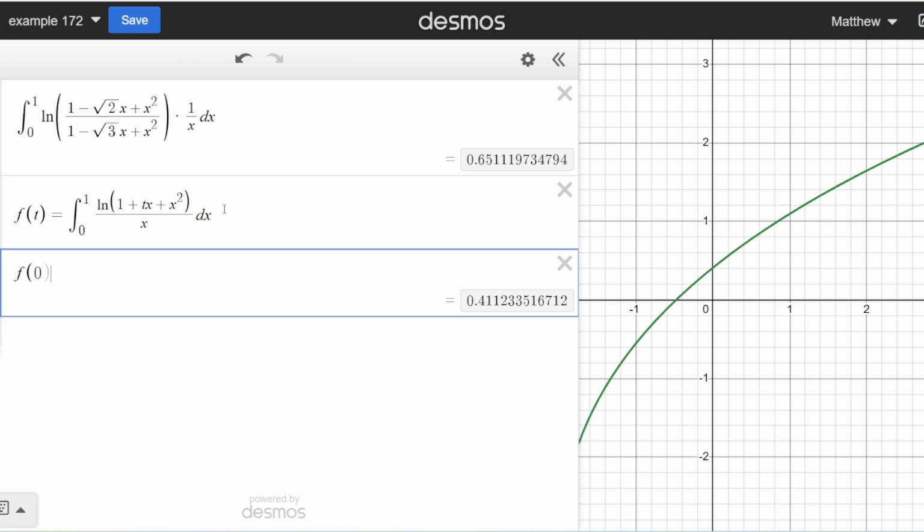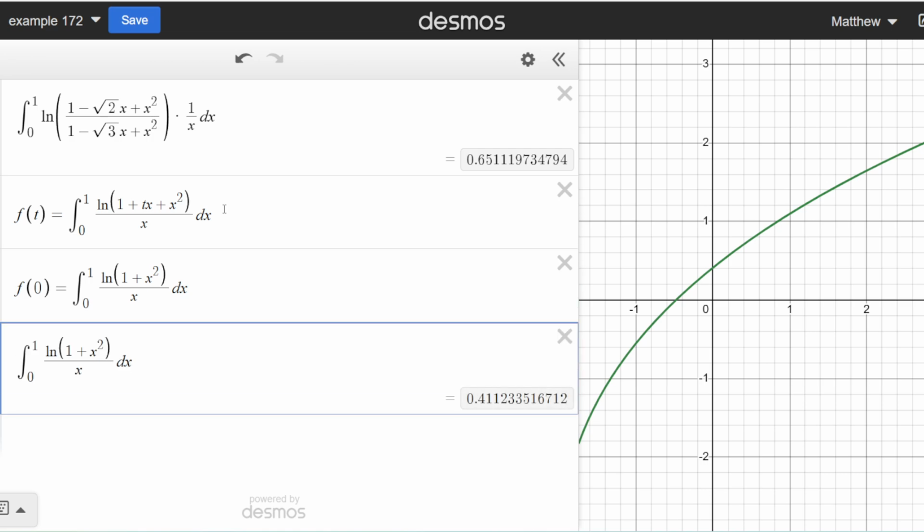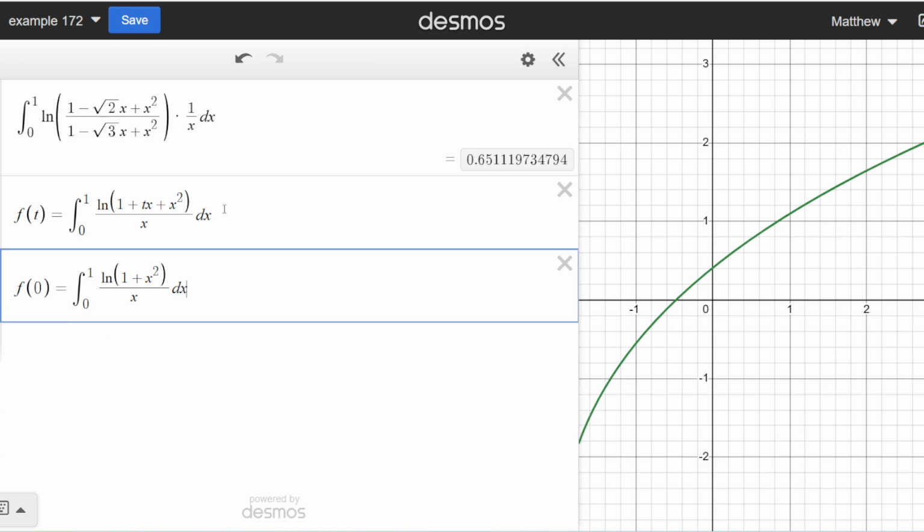I believe f of 0 is this. So I believe that is some form of pi squared. But let's go ahead and figure it out.